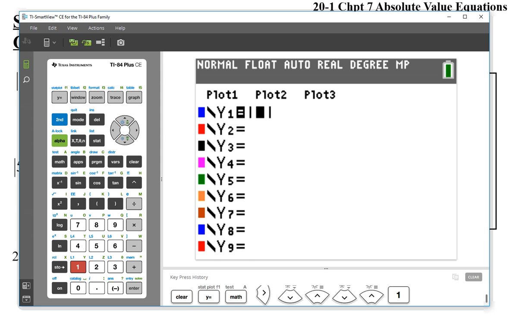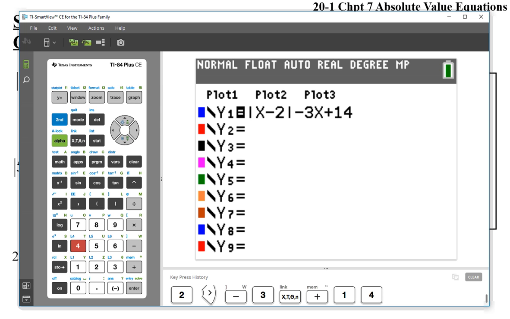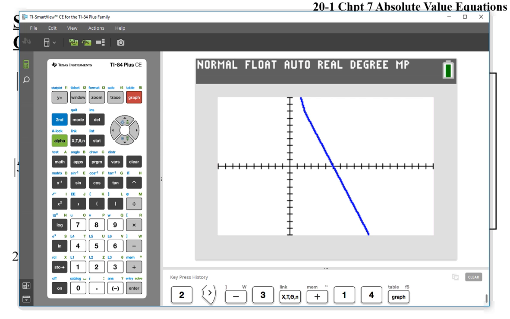Now we see we have absolute brackets. And we want x minus 2 in there. Make sure you scroll outside now because that's all that's inside the brackets. And our new equation was subtract 3x plus 14. There's our equation. Now we graph it.